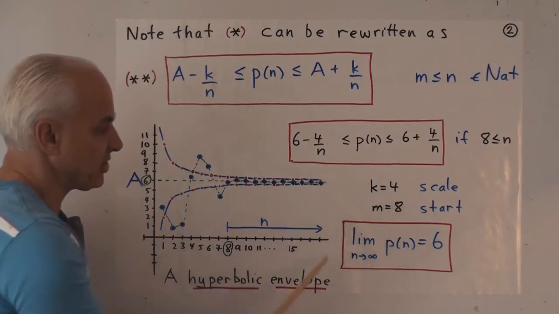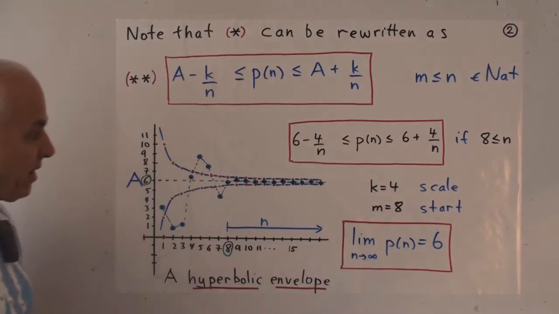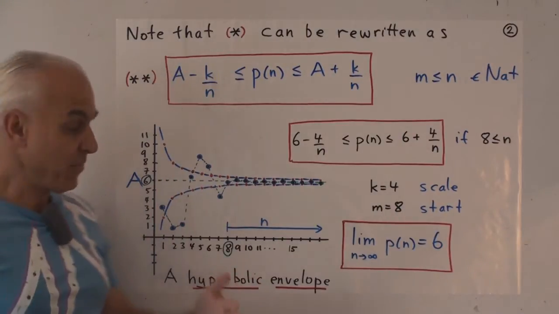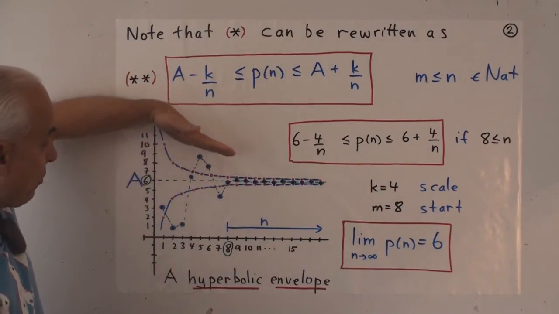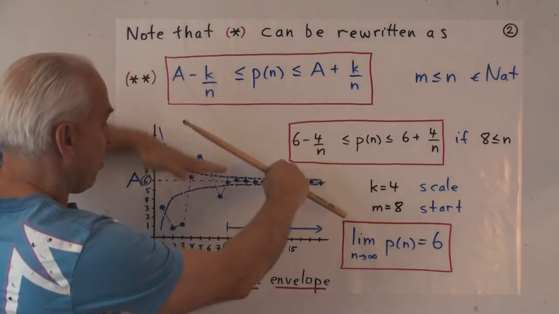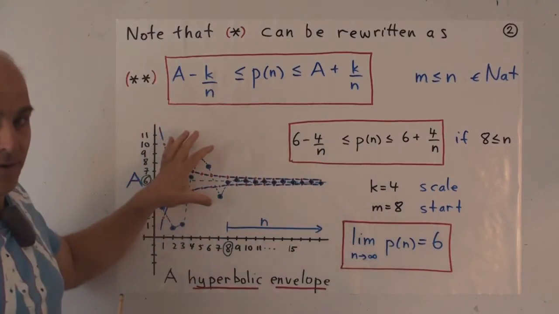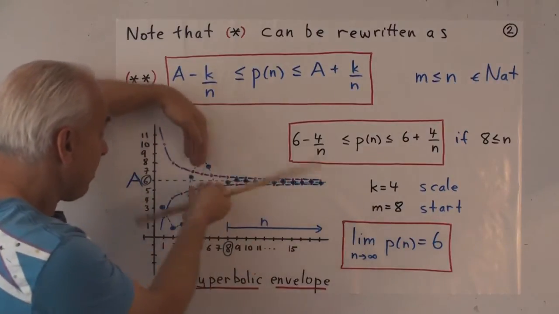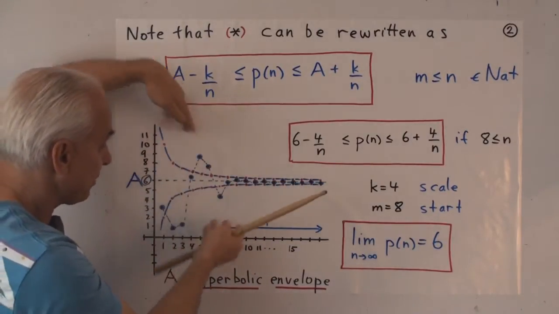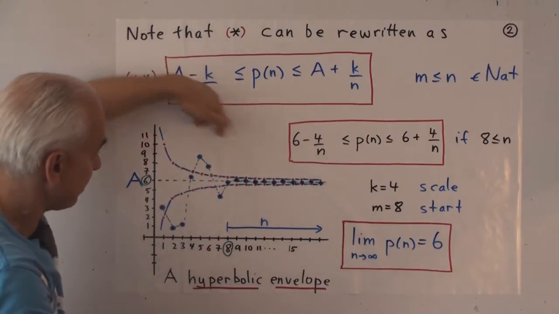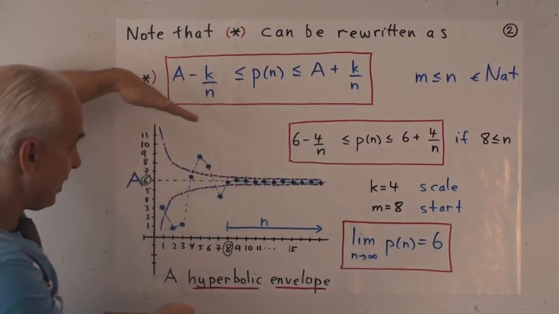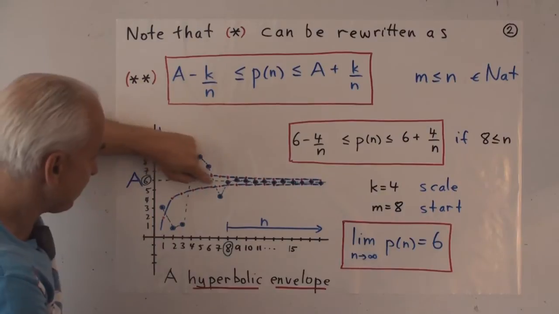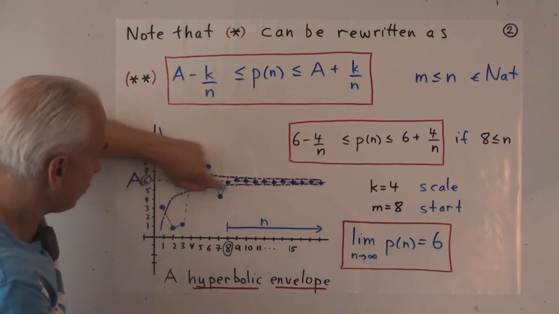So m equals 8 is the start, k equals 4 is the scale, and if we change the scale, what would happen is that the hyperbola would go up or down. It would be wider or narrower. So if we increase k, then the hyperbola becomes wider apart, still maybe at arms like this or arms like this. And if we decrease k, then it becomes closer to the green line.